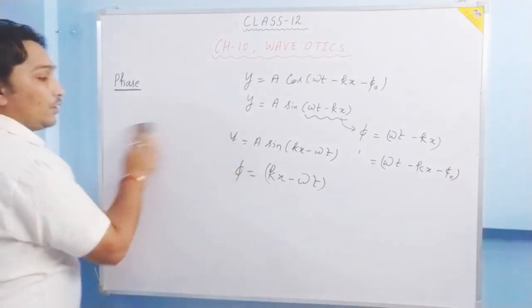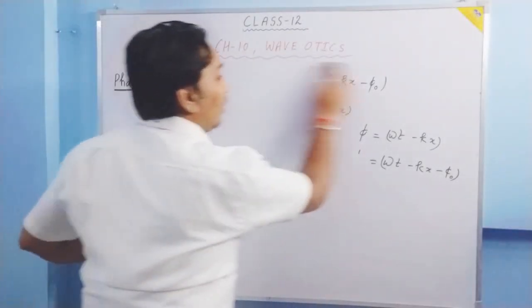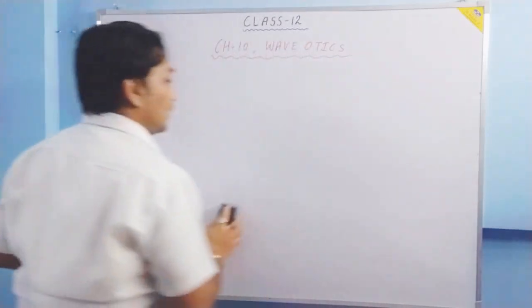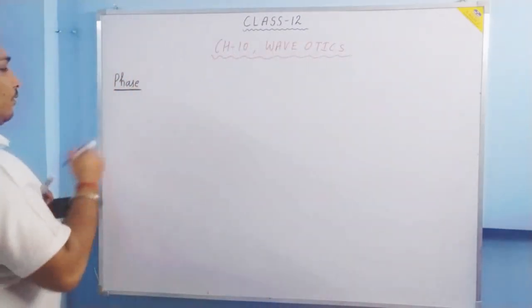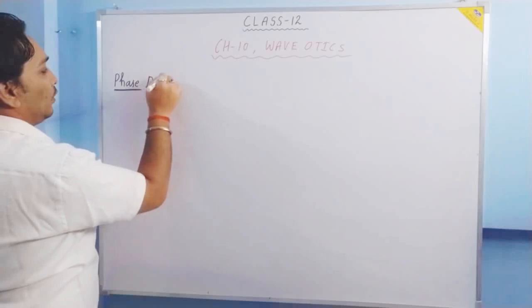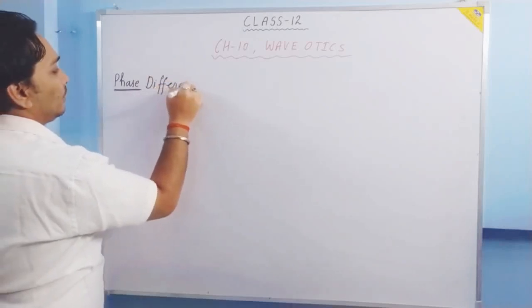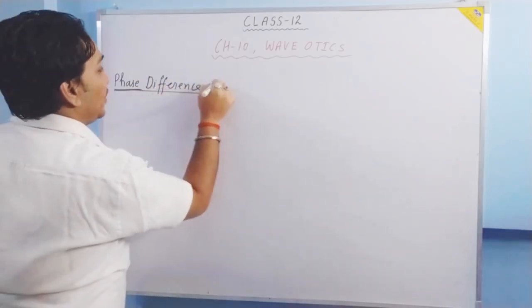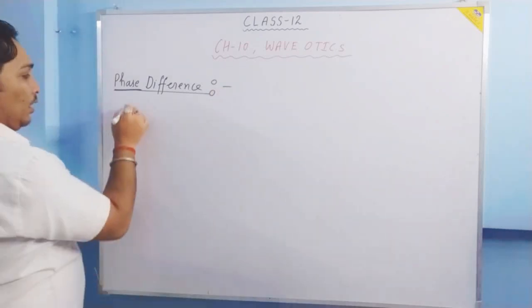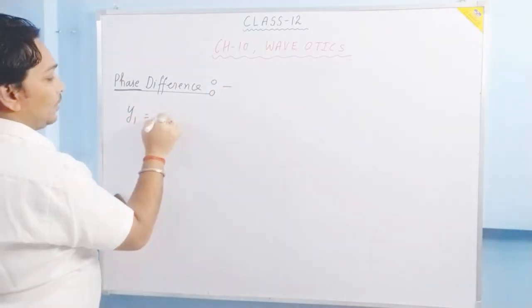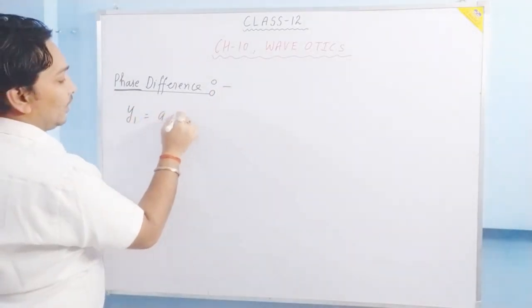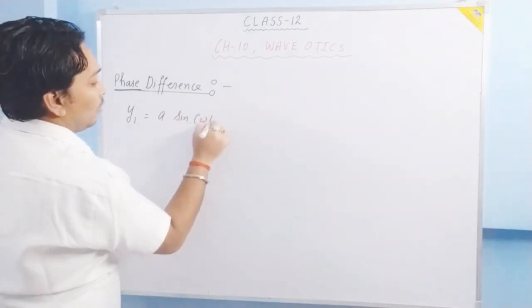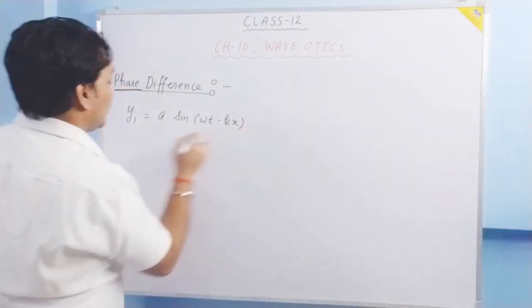Next thing we want to study is phase difference. What is phase difference? I have a wave y1 is equal to A sine (omega t minus kx).